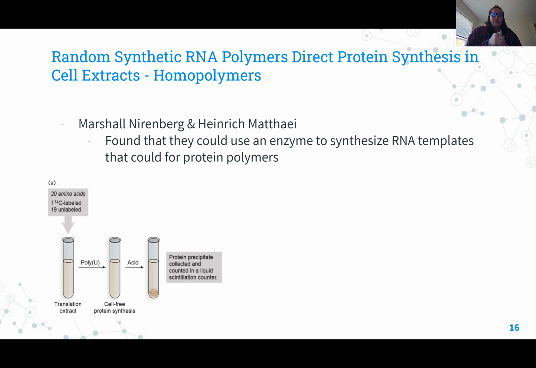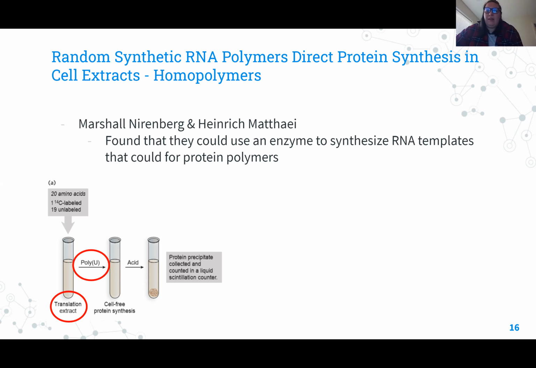So this translation extract that I was talking about had color coordinated amino acids being added. The ones they added were, they started with just poly-U, which means they only added U's to the mix. Protein synthesis then transpired.